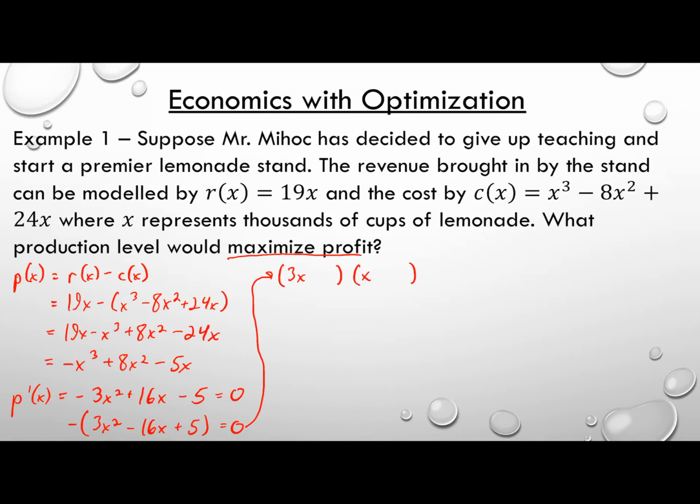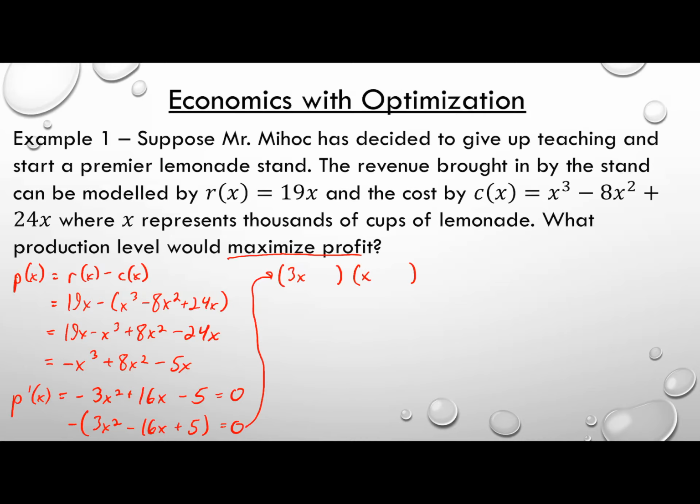And now we just have to test different combinations. We want whatever we're multiplying to equal positive 5, but somehow add up to negative 16. Well, let's see. There are only two pairs of integers that multiply to positive 5.